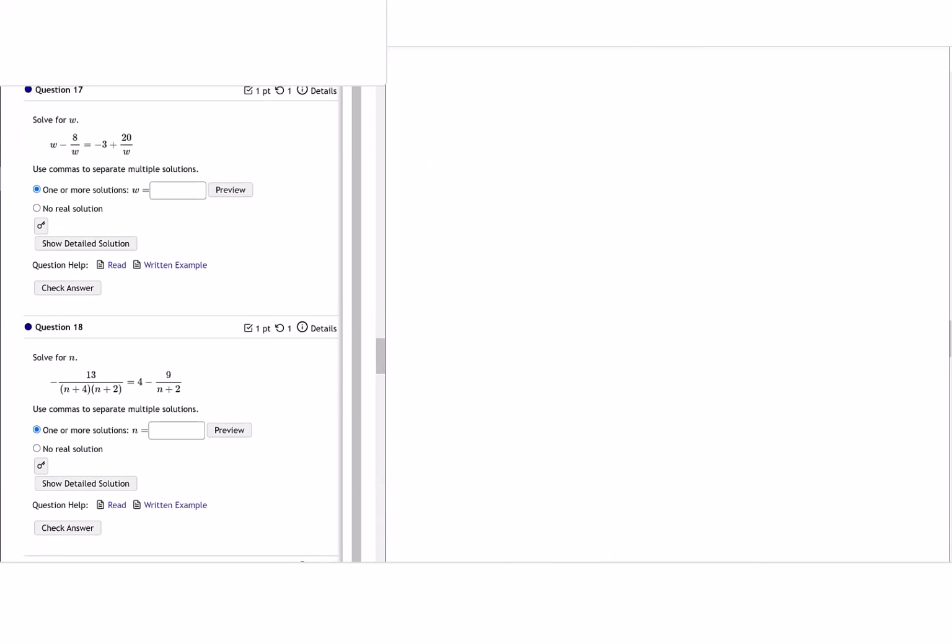Number 17. W minus 8 over W is equal to negative 3 plus 20 over W. Let's go in order. Number 1, factor.